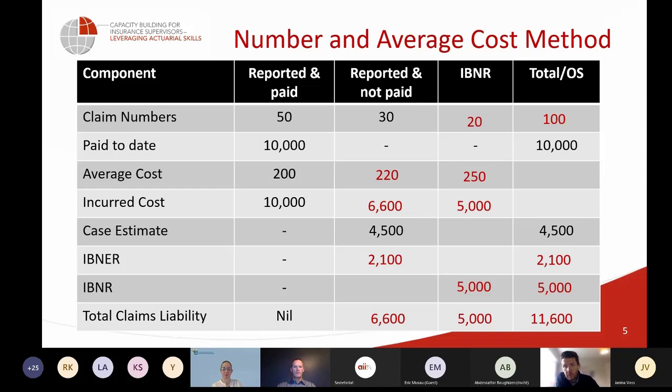after the ones that are reported and not paid, after the 30 claims, it'll be settled even later because they have to come in and they have to be reported in our systems and so on. So there'll be more time for inflation. The cost might go up even further because it's a little bit further away in time. So we might assume a higher average cost on those claims. Let's say 250.